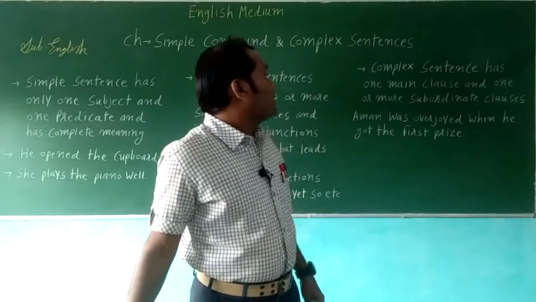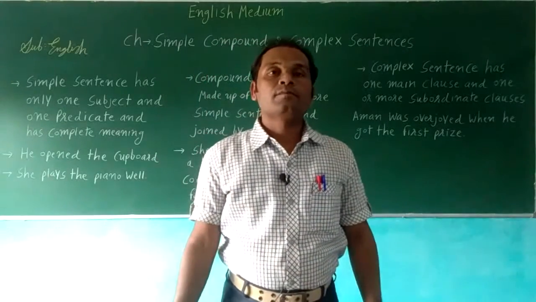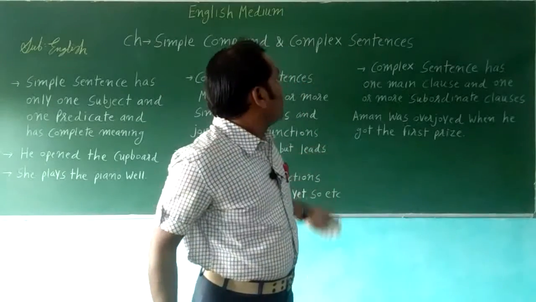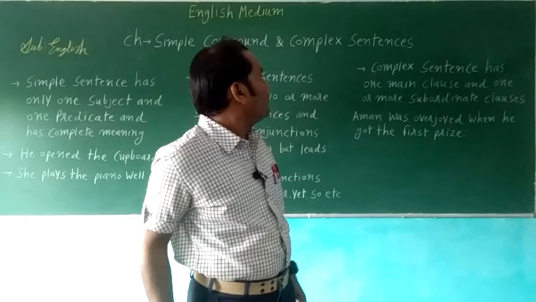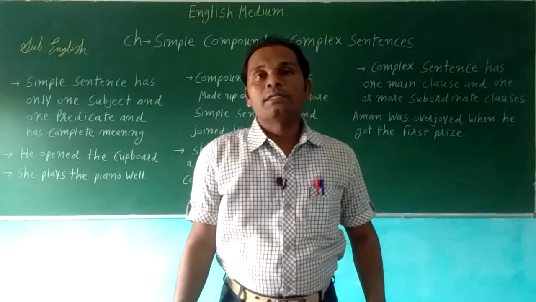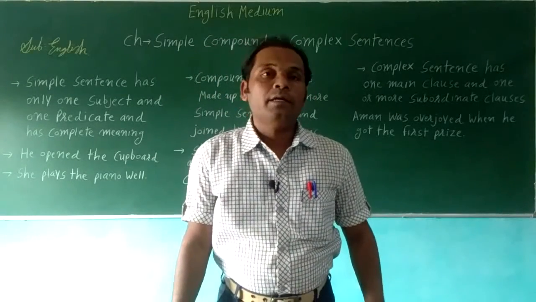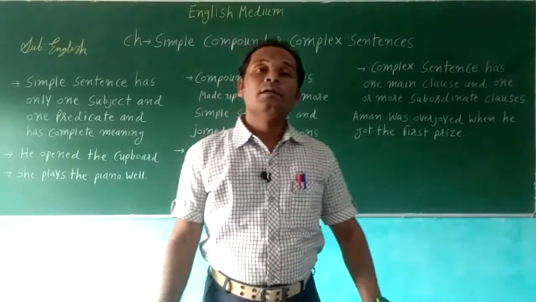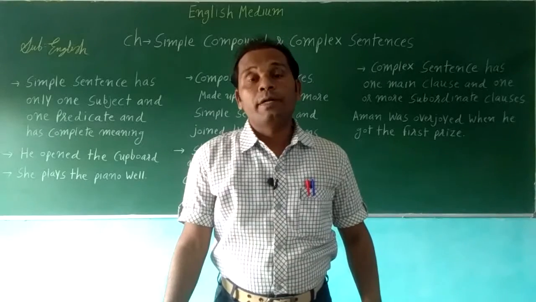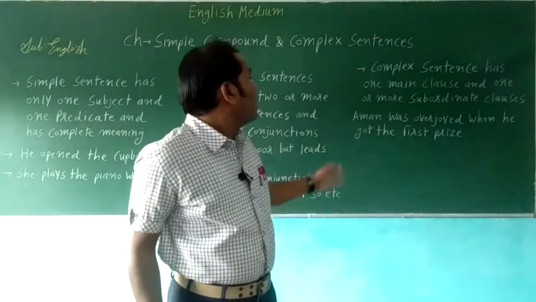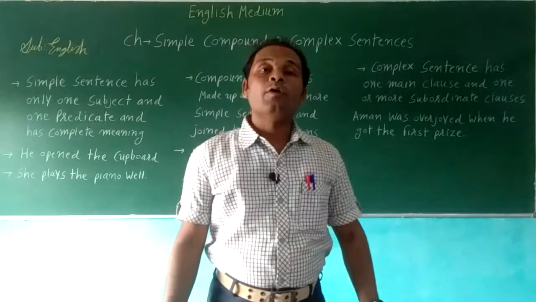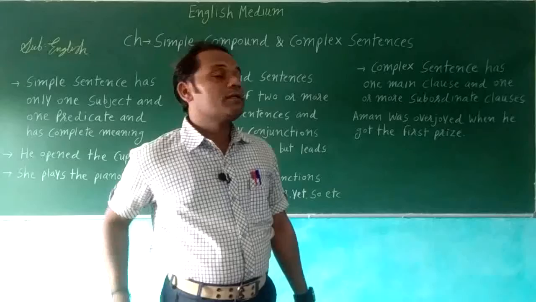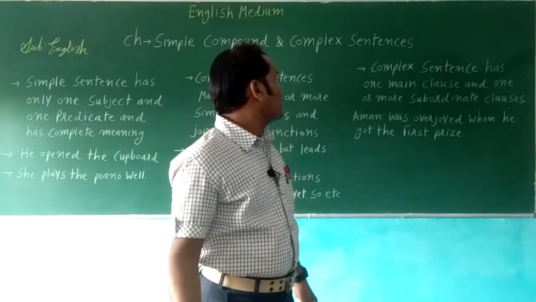The next thing is the complex sentence. Now we'll talk about the complex sentence. A complex sentence has one main clause and one or more subordinate clauses. You can see the example.